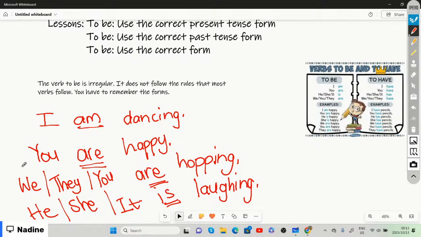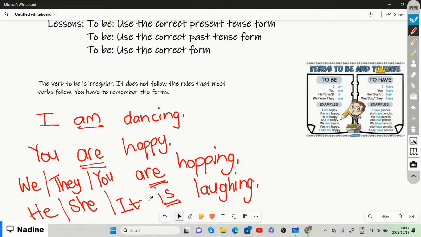And as you can see here, where you are happy, right? Usually the you refers to the one person, right? So you're probably asking yourself, like, but ma'am, if you said we use are, if we refer to more than one person, then why do we say you are happy? Right? And that is why we say that the verb to be is irregular. Right? There's no standard rule that we need to follow. You are just going to have to remember the form. Right?